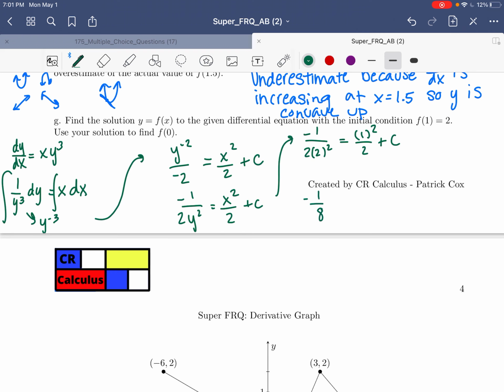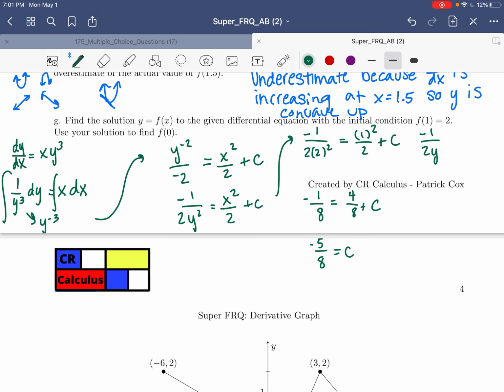So negative 1 over 8 equals, I'm going to change that to 4/8 plus c. Subtract it over, we should get negative 5/8 equals c.